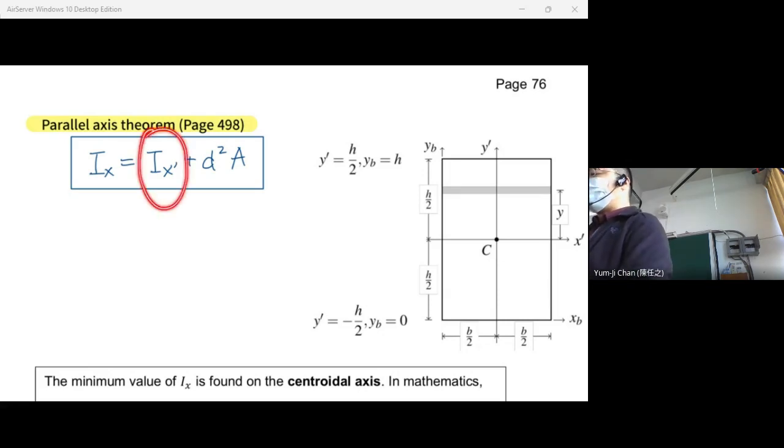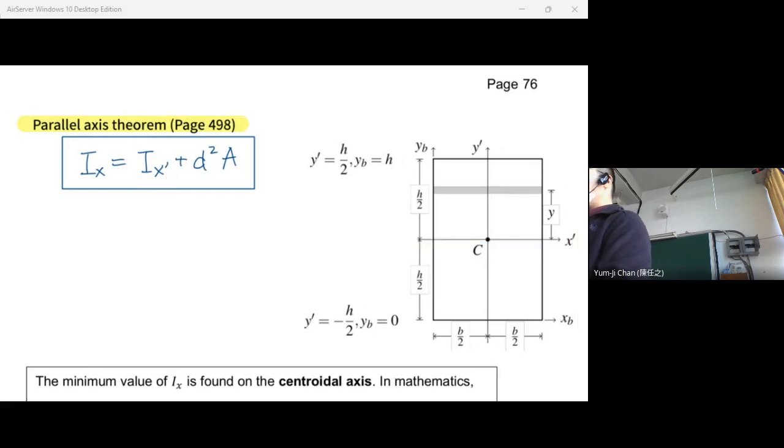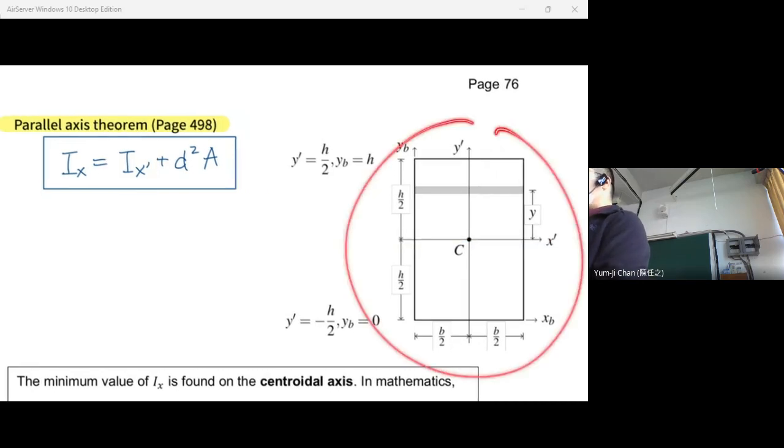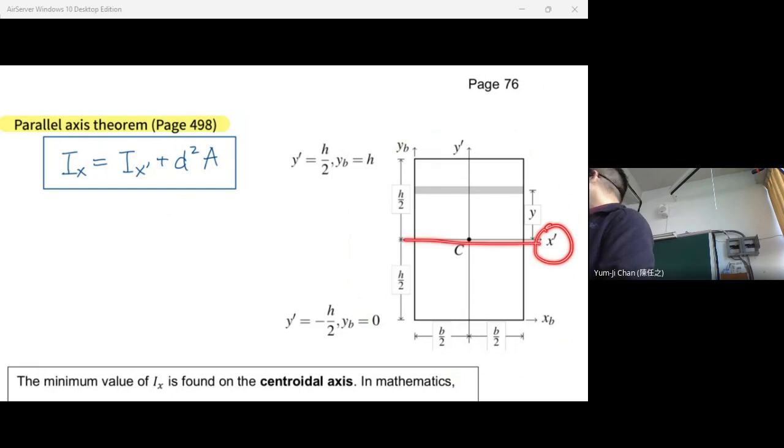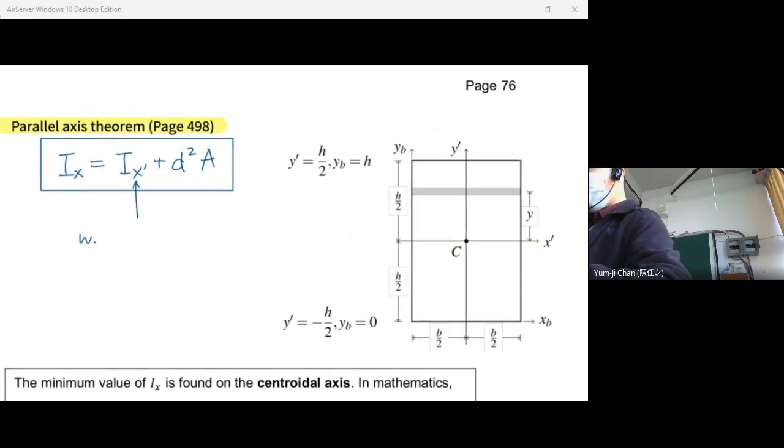Ix prime is the moment of inertia with respect to here. For example, on the shape on the right, x prime is here. Sorry, let me put it on the left.